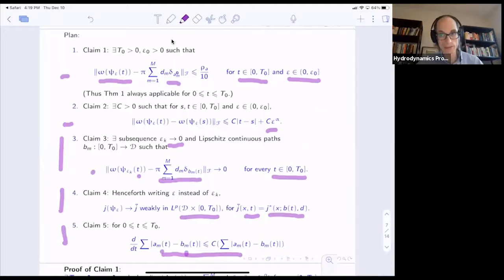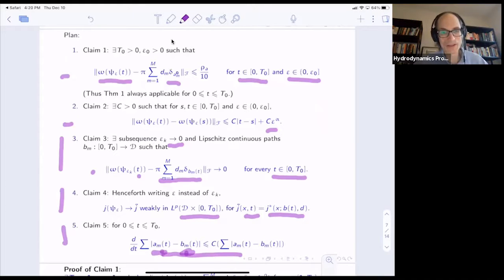So at time t, the limiting current will be the ideal incompressible velocity field generated by vortices at the paths I find by this limiting procedure. And so when I pass to the limit, I get not only vortex trajectories, but I find that when I take this weak limit of the currents, I get the J star corresponding to the trajectories I found. Okay, and I'll need that to compare the paths found by this limiting argument and the paths found by solving the ODE, which I'll do probably on Monday.